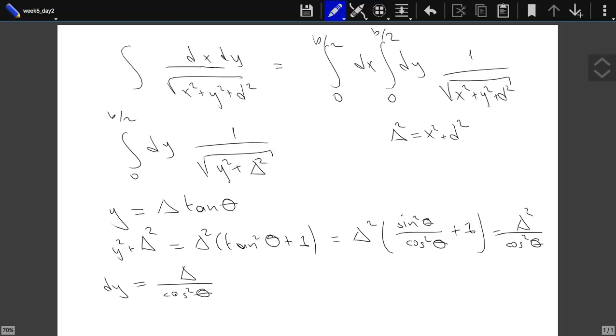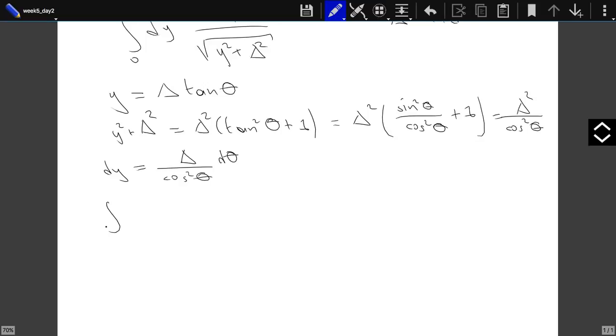You mean another d theta there? Yes. So you convert the integral to the integral of 1 over cosine theta. Do you know how to evaluate that? Well, what is the integral of d theta over cosine theta?